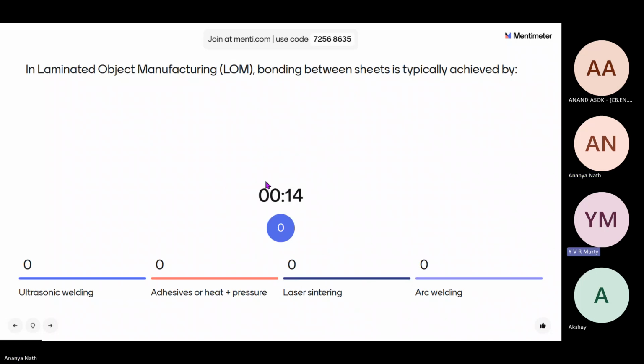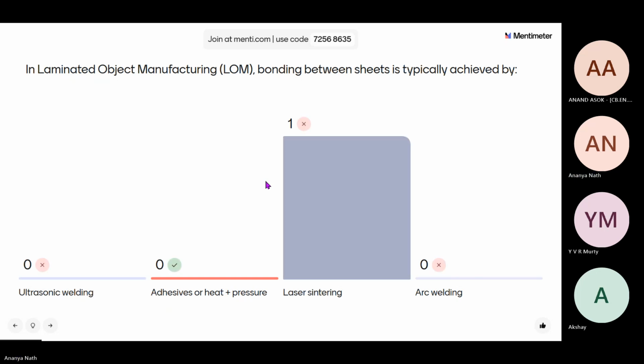I'm getting some questions. Yeah, so you have to just mark the answer that you feel is correct. These marks will not be added in your exam. Don't worry. It's just a fun game.